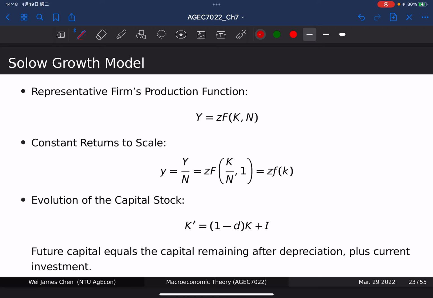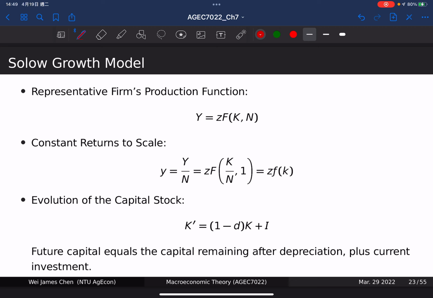Okay, it's just that for the labor here, we're not talking about an unemployment model, so we assume that everybody's going to work, sort of. So the total population is going to go into that production function, and there's capital.